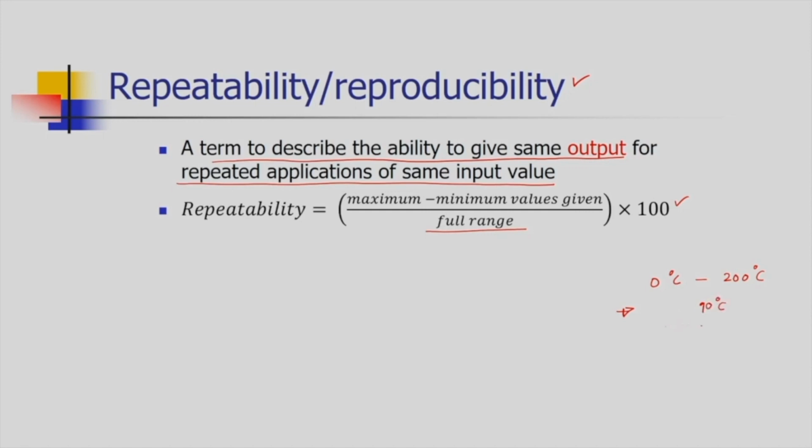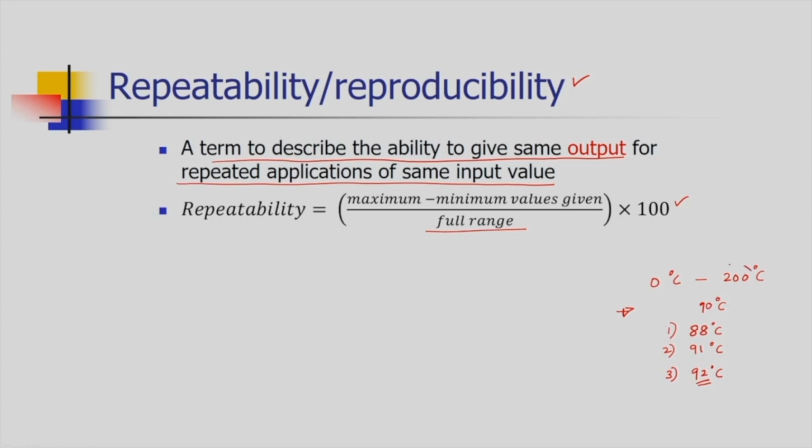During the experiments it is found that in the first trial the temperature was 88 degrees Celsius, in the second trial it was 91 degrees Celsius, and in the third trial it was 92 degrees Celsius. So, here the repeatability is 92, that is the maximum value, minus 88, that is the minimum value, relative to its full range.